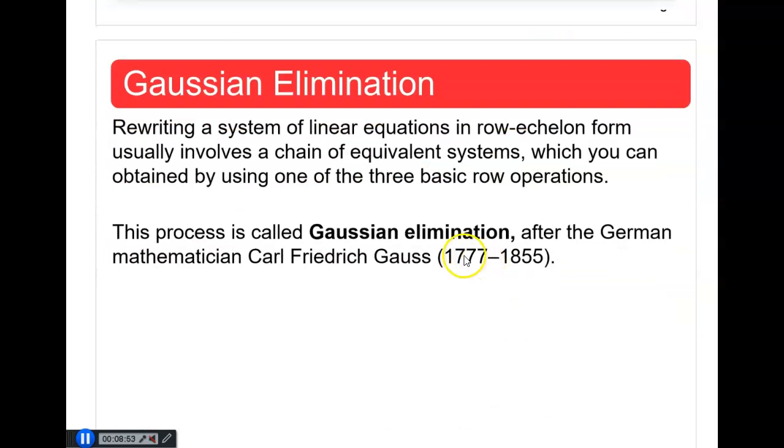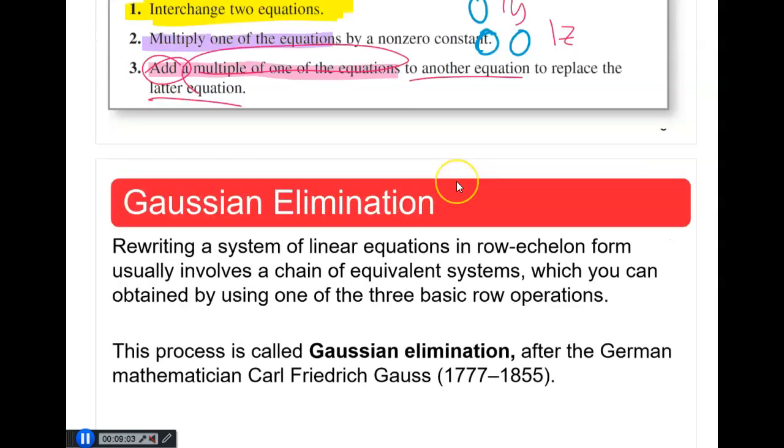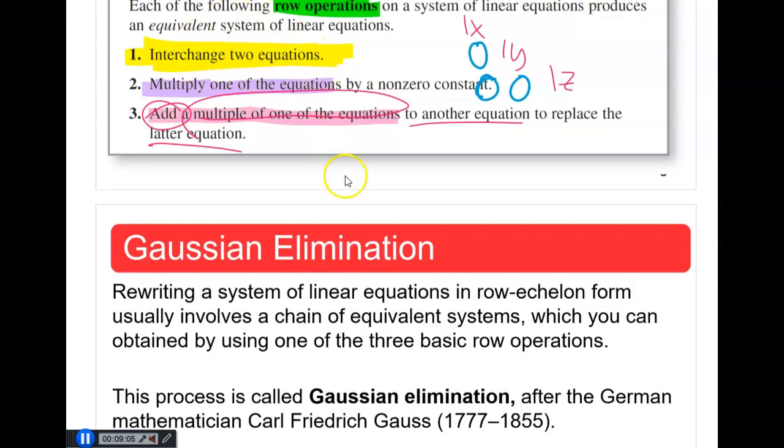Rewriting a system of linear equations in row echelon form usually involves a chain of equivalent systems, which you can obtain by using one of the 3 basic row operations that we discussed on the previous slide.